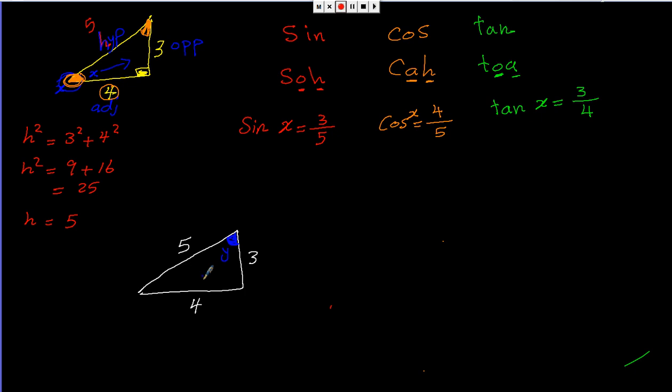Then this side 3 is not opposite anymore, it's the adjacent now for angle y, and this side is not adjacent, it's opposite now for y, and 5 is still the hypotenuse. The hypotenuse doesn't change. Then let's find sine y. Sine is opposite over hypotenuse. Opposite for y is 4, and the hypotenuse is 5, so it's 4 over 5.